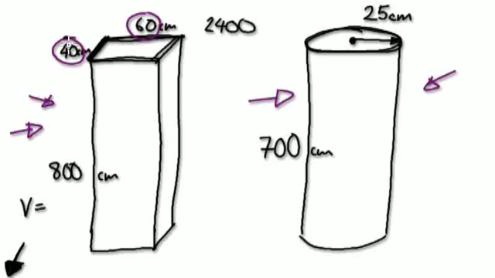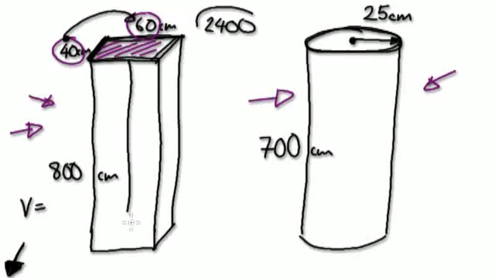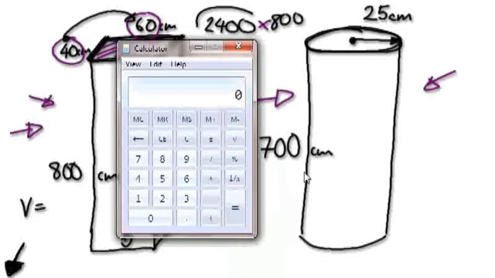Well, do whatever you want. Just get 40 times this, and now that we've got the area, which is 2400, then we drag it all the way down here. So times 800. Okay. So calculator.